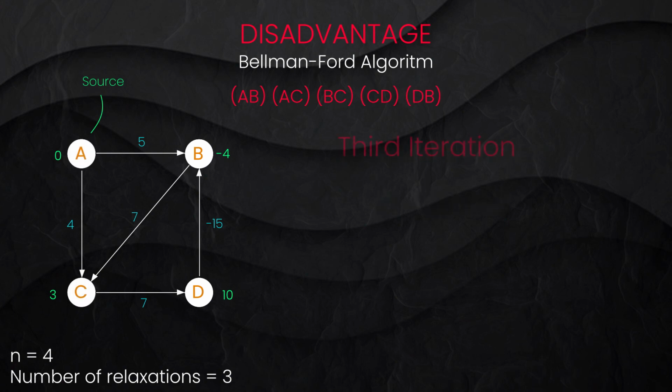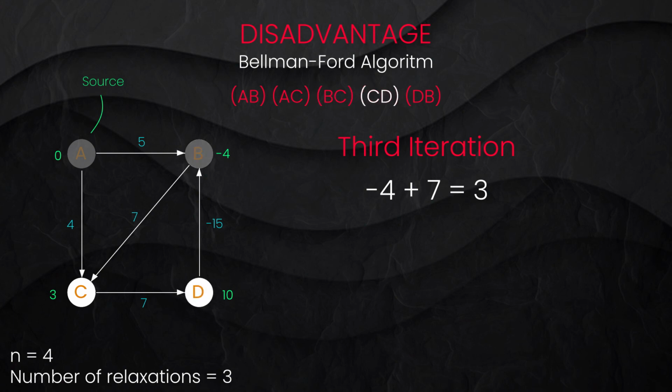Now look at the third iteration. In the third iteration, again the value of A is 0. 0 plus 5, that is 5. 5 is greater than minus 4, you will not update. AC, 0 plus 4, 4 is greater than 3, you will not update. BC, minus 4 plus 7, that is 3, you will not update.